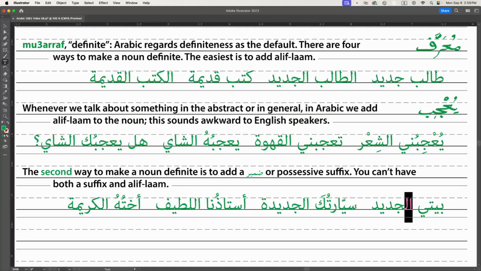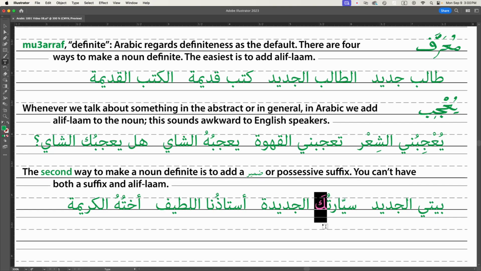A sayyara is a car. It ends in ta marbuta. So when we put the possessive suffix for your after it, we untie the ta marbuta and make it regular ta. So, sayyaratuka, and no one says this. Everyone says sayyaratak. And then, because a sayyara is feminine, its adjective needs ta marbuta.